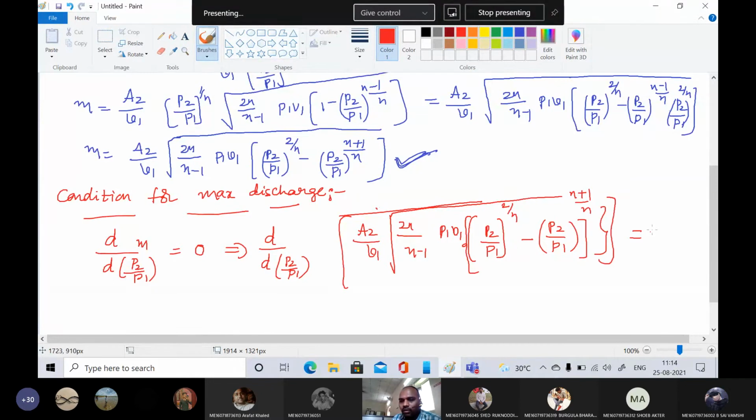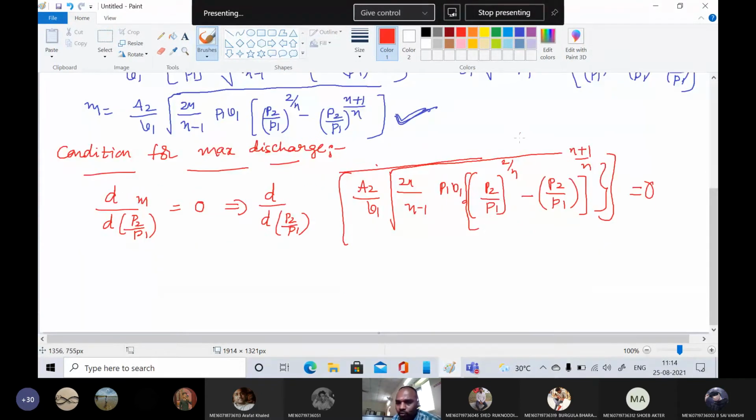Now if you simplify, if you send A2 by V1 to that side, it will become 0.